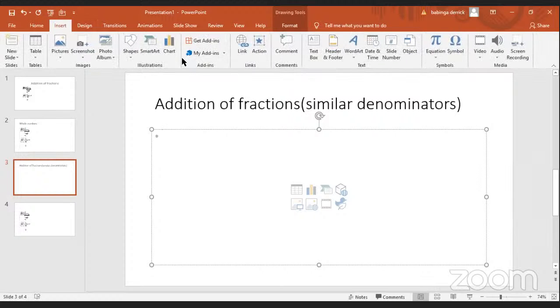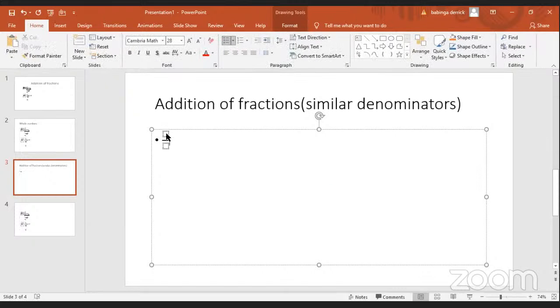Okay. So when they talk about fractions with similar denominators, this is what they basically mean.